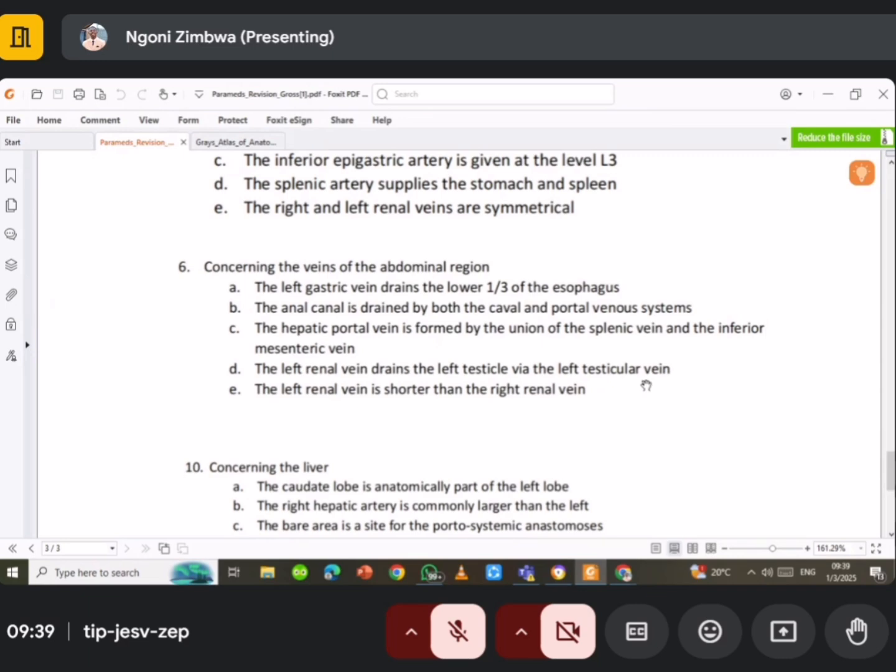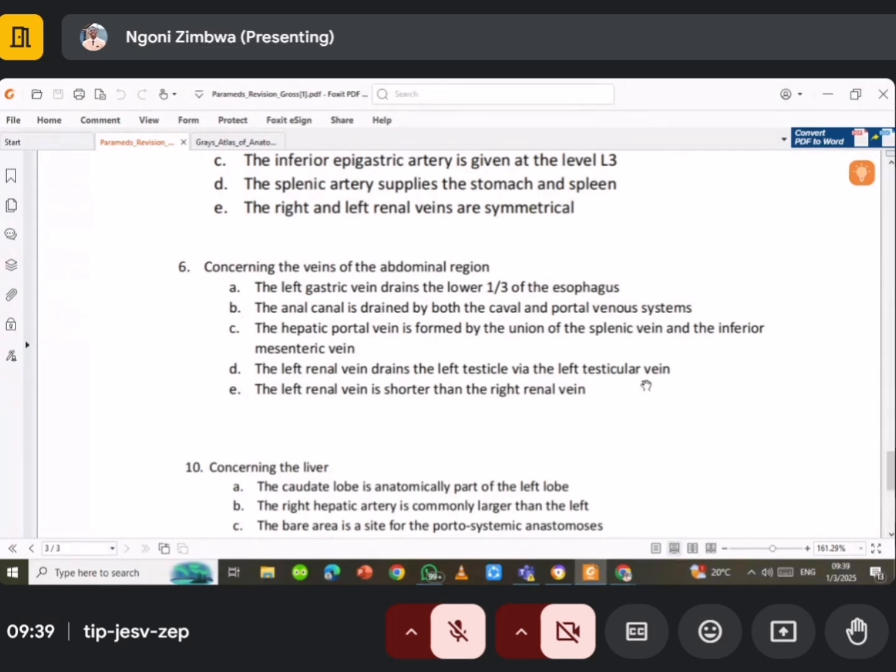true. Right. So the left gastric vein also gives a branch, which we call the esophageal branch, right? You're also going to have the esophageal veins draining into the left gastric vein, right?